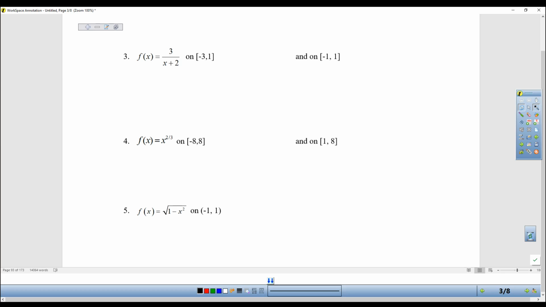Okay, I will quick write up the answers for people that are just going to try and do them on their own. Mean value theorem doesn't apply on that one. x is equal to the square root of 3 minus 2. On this one, x is equal to 3.764. On this one, it does not apply.